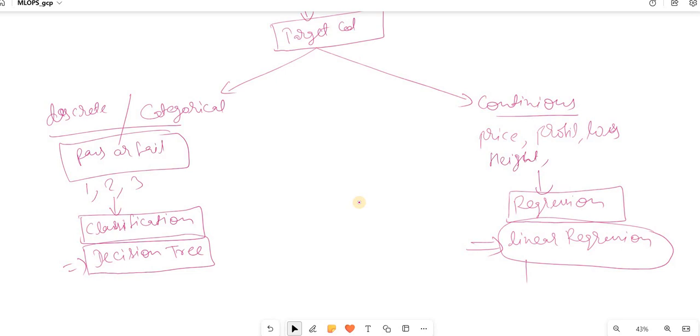So now at least you will understand, by looking at the use case, what you have to do if you get the data. Once you evaluate your use case, what you have to achieve, then you will understand which algorithm to apply, whether regression or classification. I don't think there would be any issues in that, right?